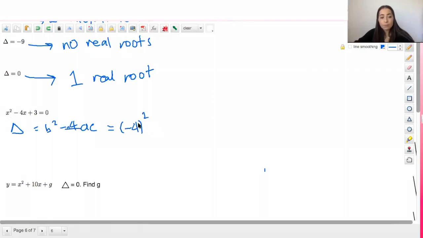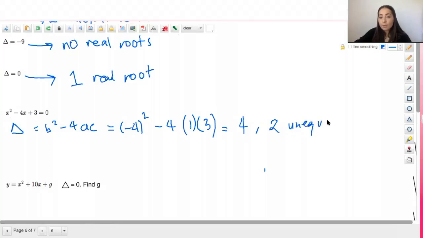Minus 4 times a, which is the coefficient of x squared, which is 1, times c, which is the constant, which is 3. So this becomes 16 minus 12, which is 4. So the discriminant of this function is 4, which means that you have 2 unequal real roots.